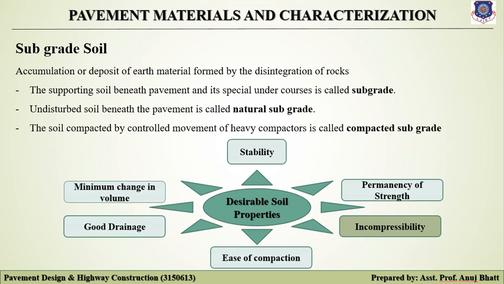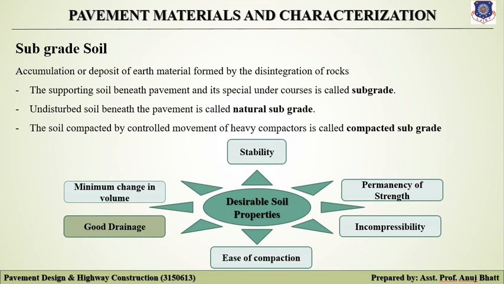Next desirable property of the subgrade soil is good drainage. Good drainage is essential to avoid excessive moisture retention and to reduce the potential for frost action. Poor drainage causes waves and corrugation.